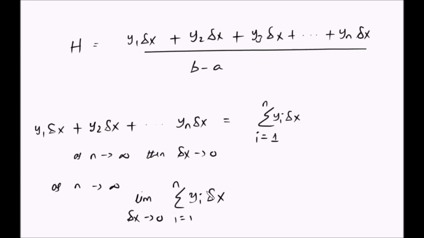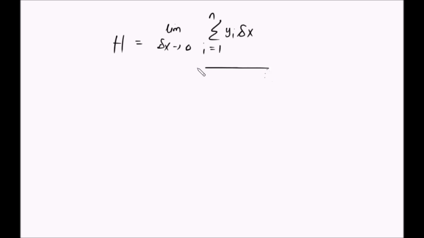Manake sasa h itakuwa ni nini? Limiting value as delta x approach 0 ya hii sum over b minus a.